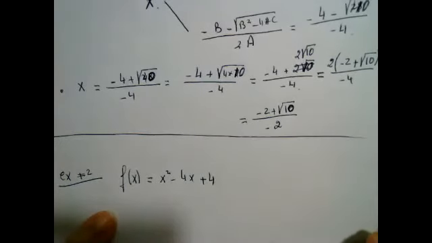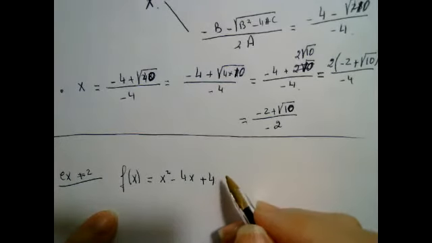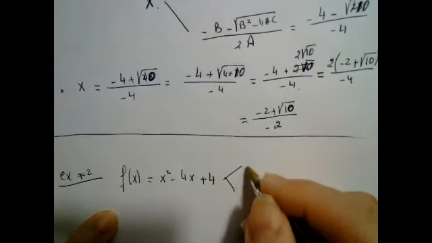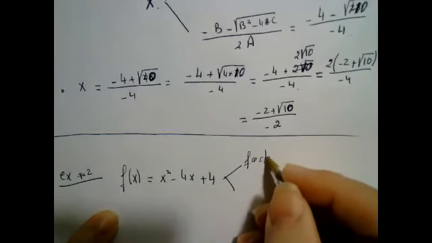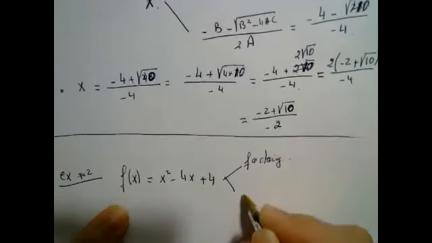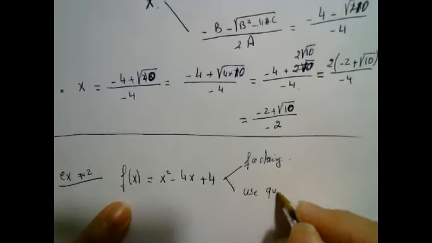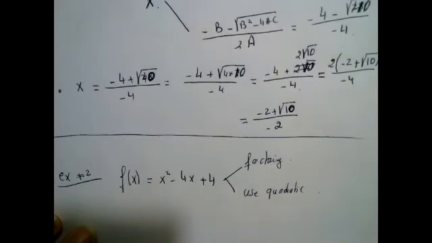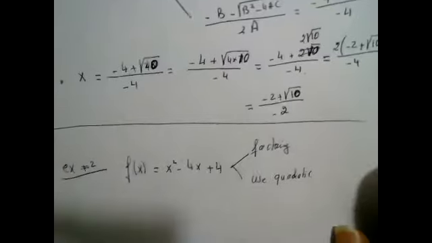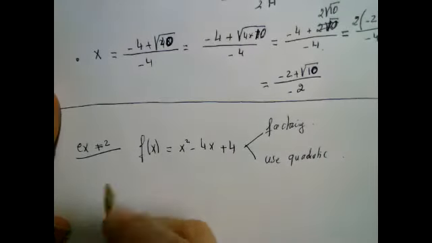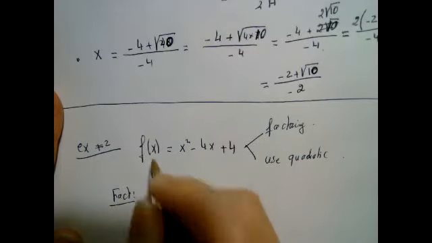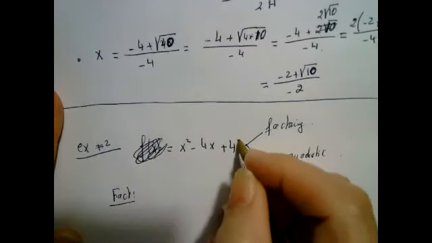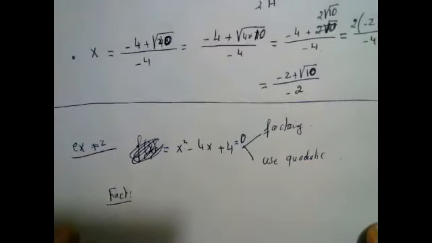We're going to solve it by factoring, and we can solve it by using the quadratic formula. Of course I have a reason in my mind why I want to do it both ways. So first let's do it by factoring.